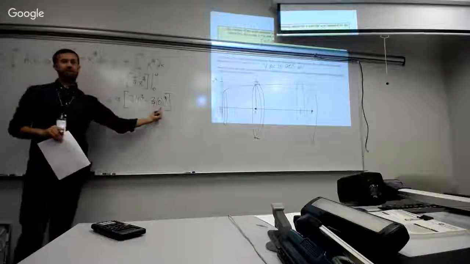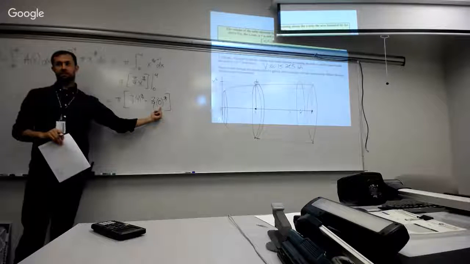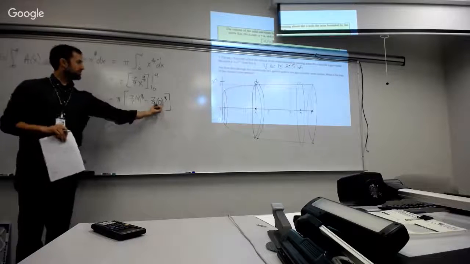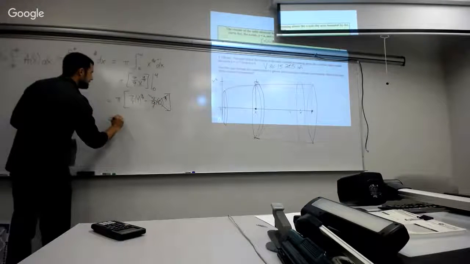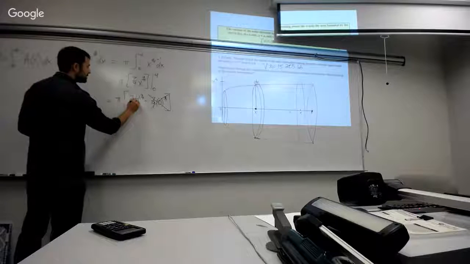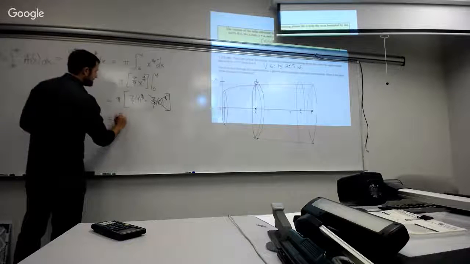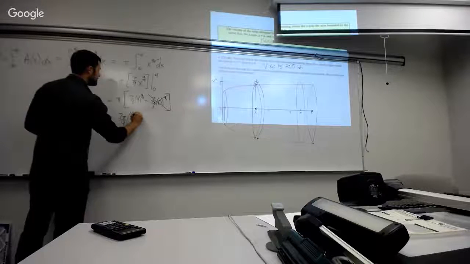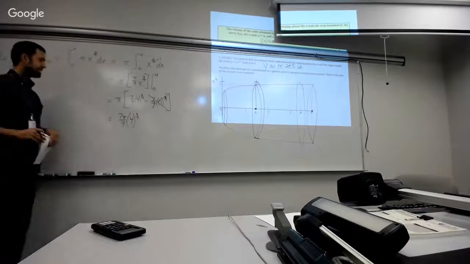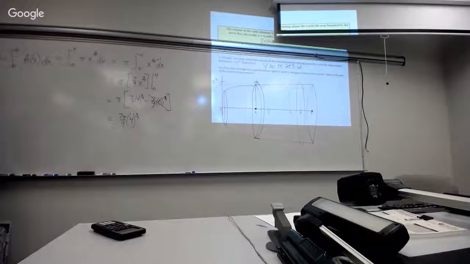Well, what is 0 to the 9/7? 0. So that whole part just goes to nothing. What we really have then is pi times 7/9 times 4 to the 9/7. So that would be 7 pi over 9 times 4 to the 9/7. That is the volume of that object.